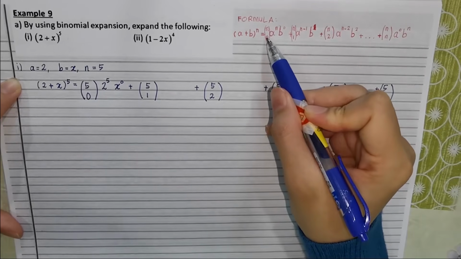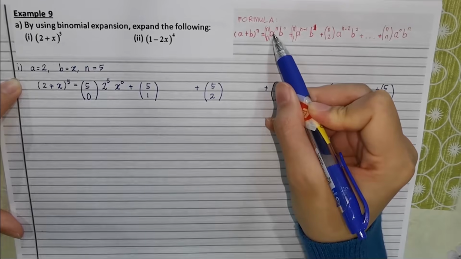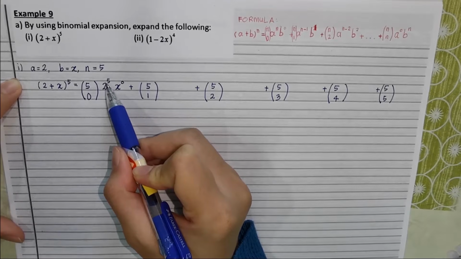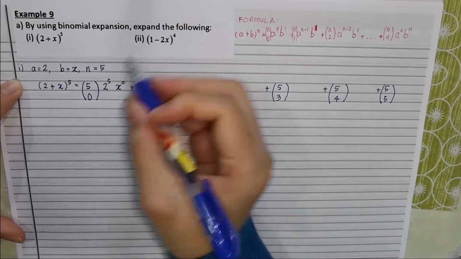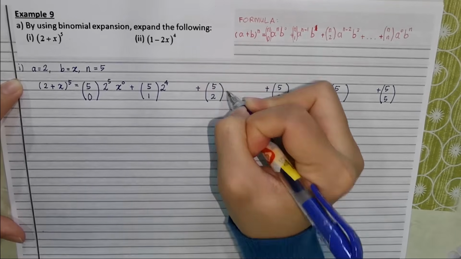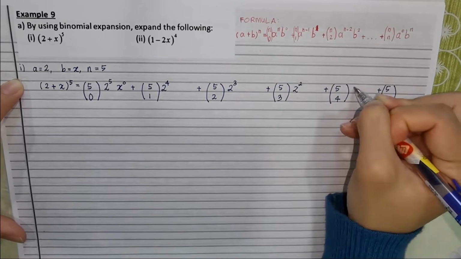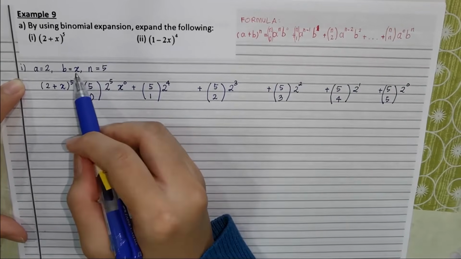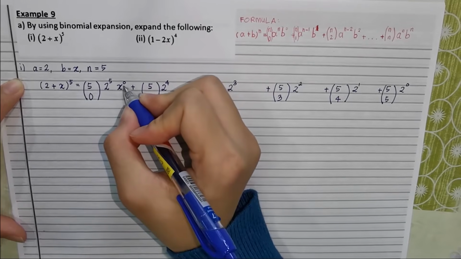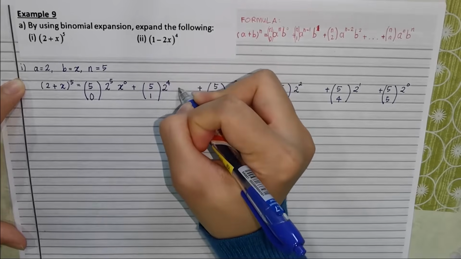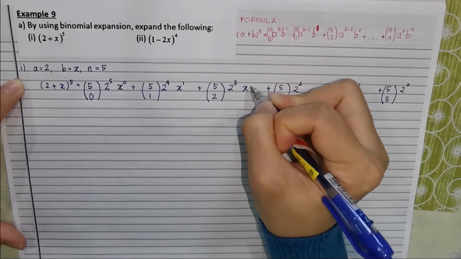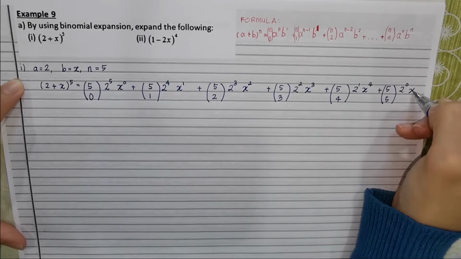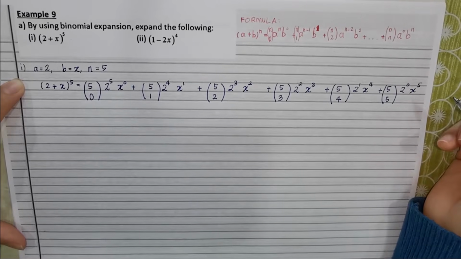For the first term a, the exponent decreases to 0: 2^5, 2^4, 2^3, 2^2, 2^1, 2^0. For b, x starts with the lowest power 0, going up by 1: x^2, x^3, x^4, and then the highest power x^5.